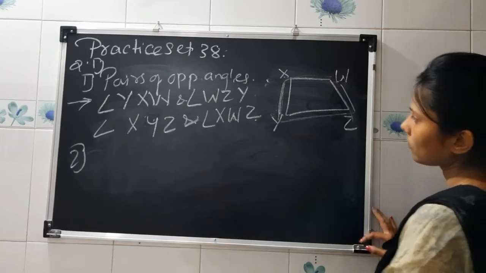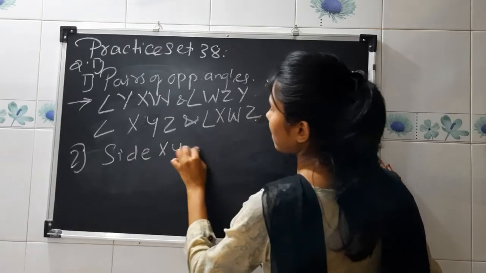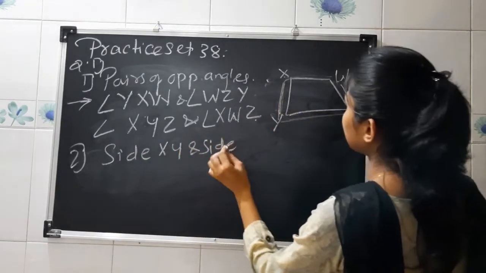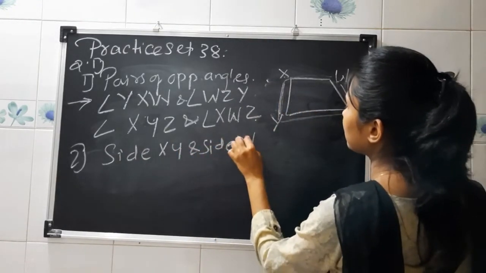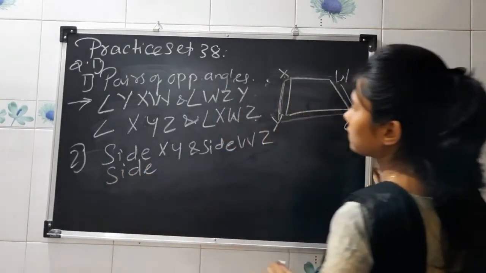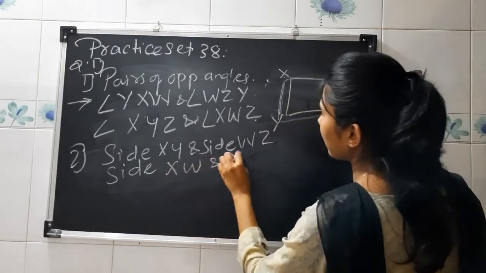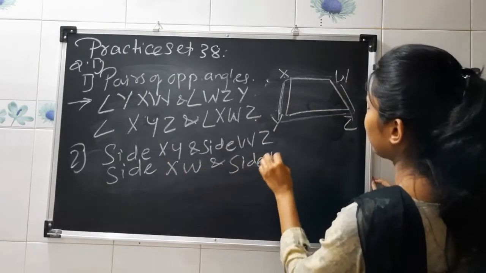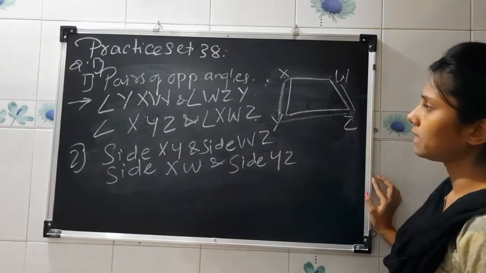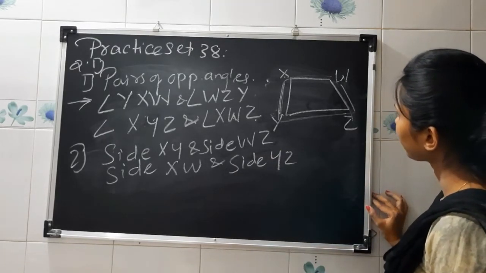So side XY and side WZ, side XW and side YZ are the opposite sides.